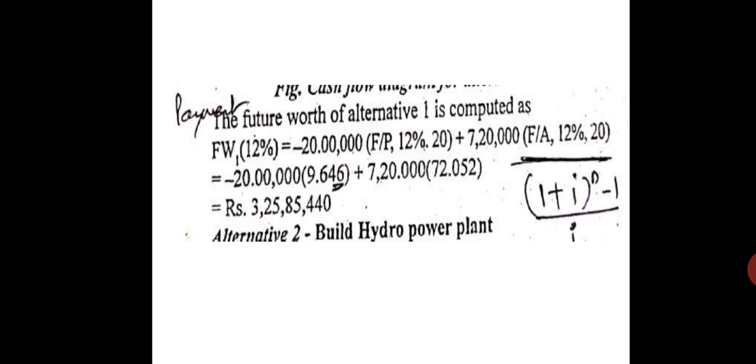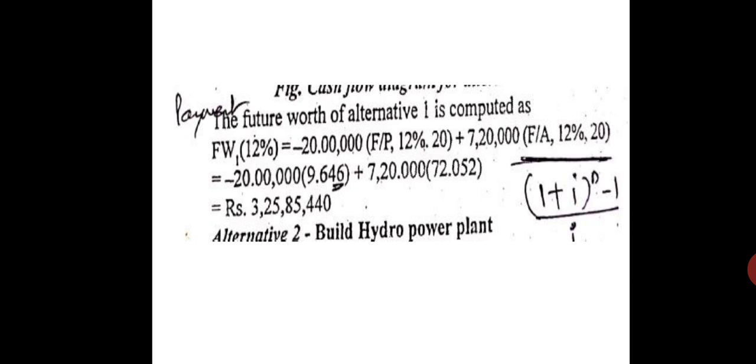So A is the annual amount, 7 lakh 20,000 rupees, at the rate of 12% interest for 20 years. So this is F by P, 12%, 20 years, and F by A, 12%, 20 years.